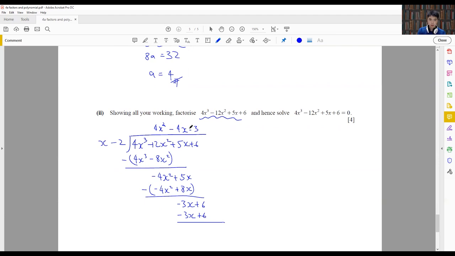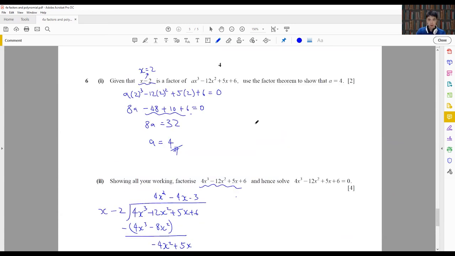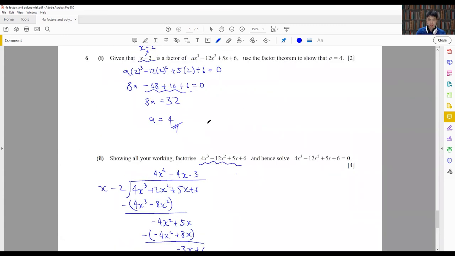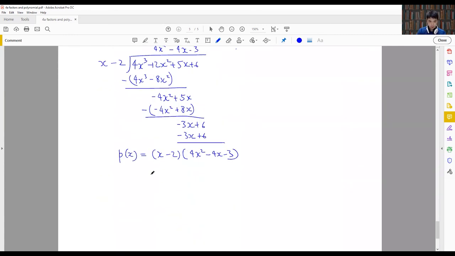So in this case, you would have a quadratic factor and a linear factor, p(x) is equals to x minus 2 and 4x squared minus 4x minus 3. Just leave it as p(x), should be fine. Then in this case here, I think you should still factorize this.